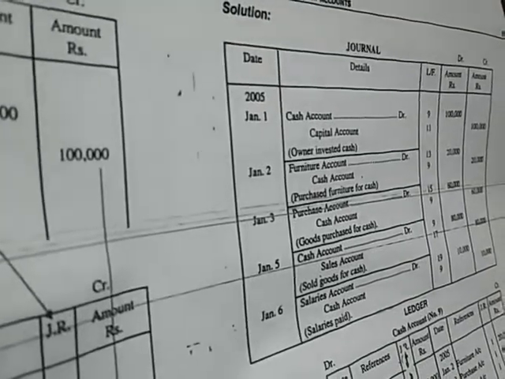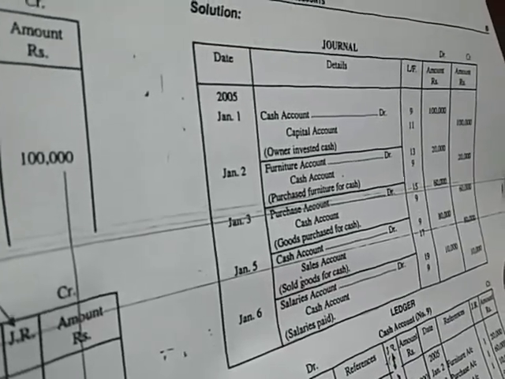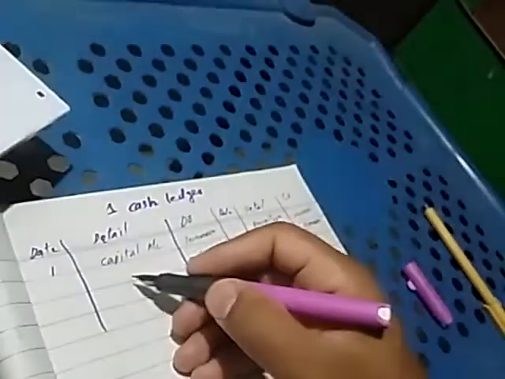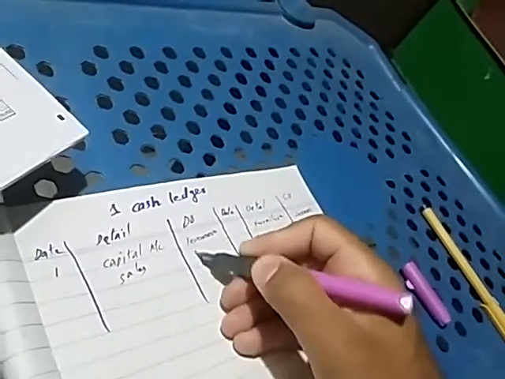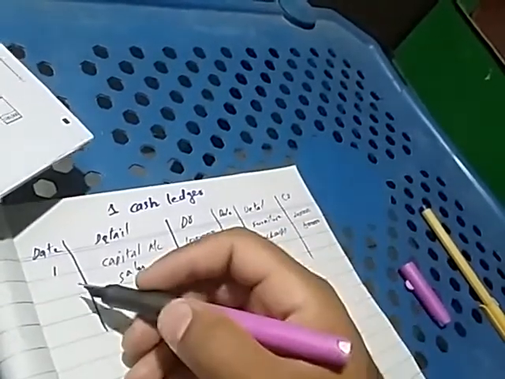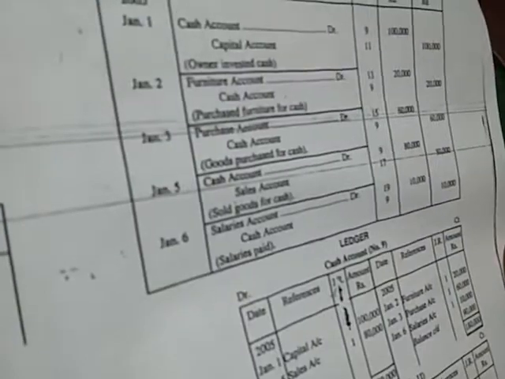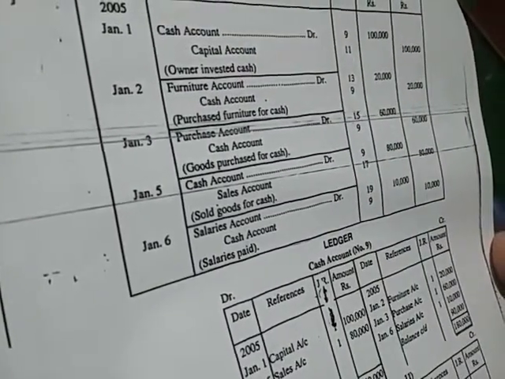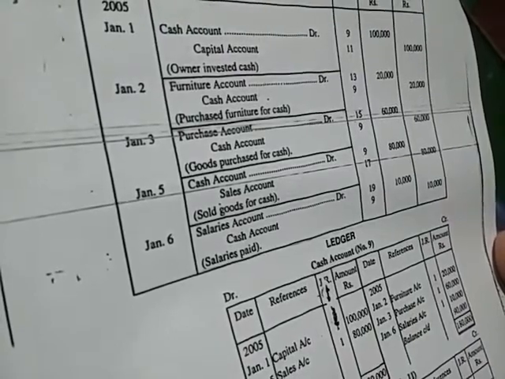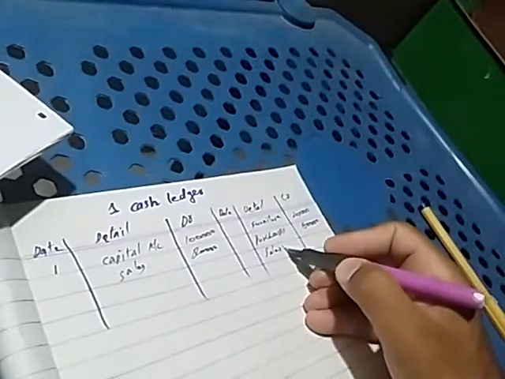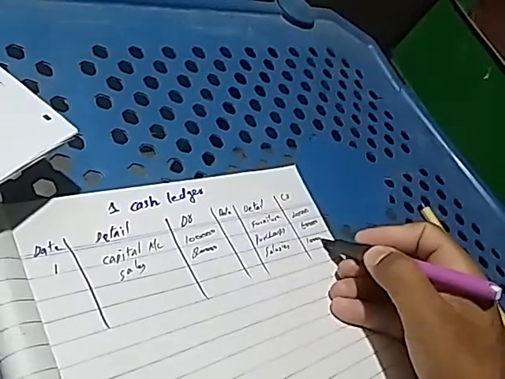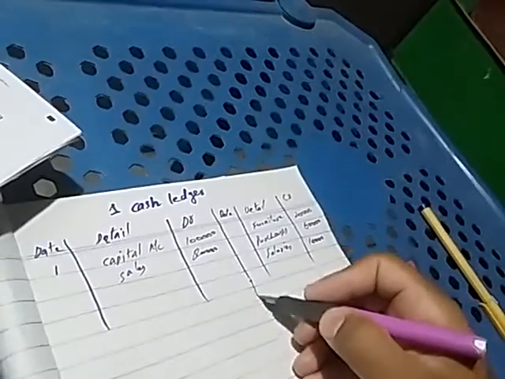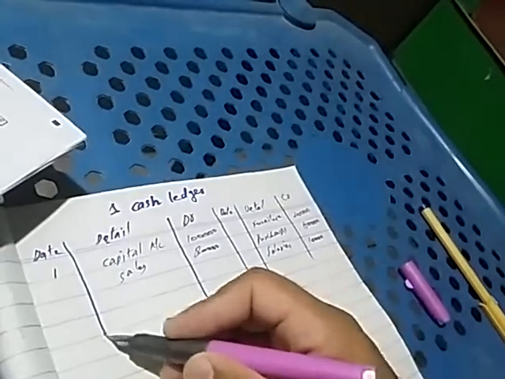Next is cash is debited due to sales 80,000. Next is cash is credited due to salaries 10,000. So this is the ledger of cash.